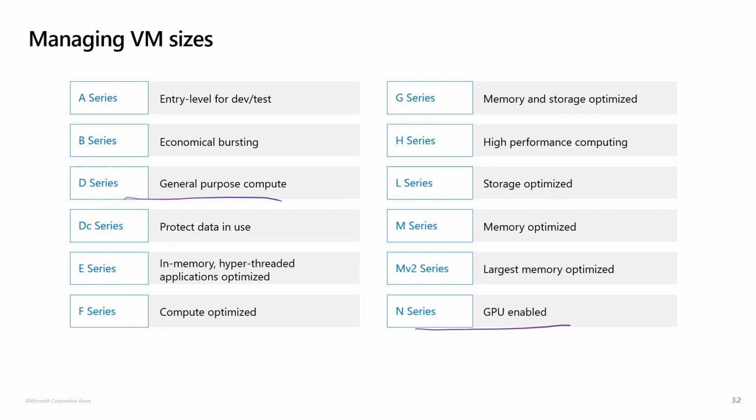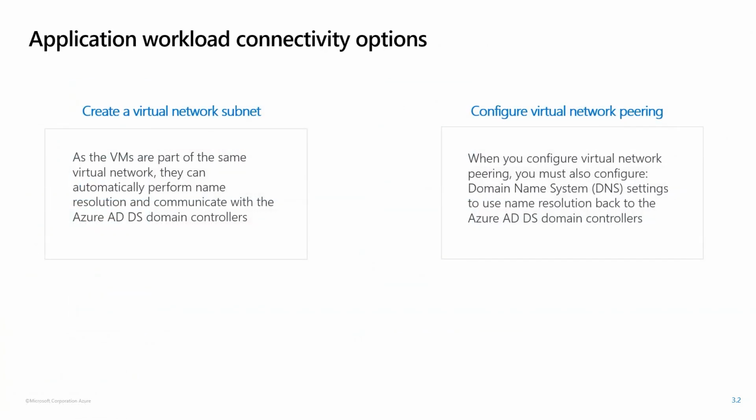Which of these would be used for high-end computational theory virtual machines? Which one would support that? The correct answer in that case would be N, if your options were N, D, or B, for example. Now, let's recap what we need to know of application workload connectivity options.